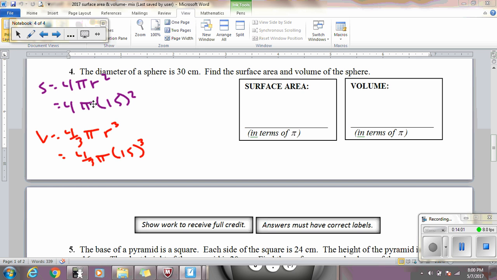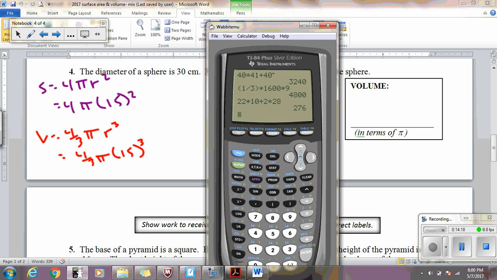Then I substitute the specific values where they belong. So for example, the specific value in this one is just the radius, and I put it in parentheses whenever I substitute. Please do the same thing if you want full credit on your test. That's all I'm asking. Let's be consistent.